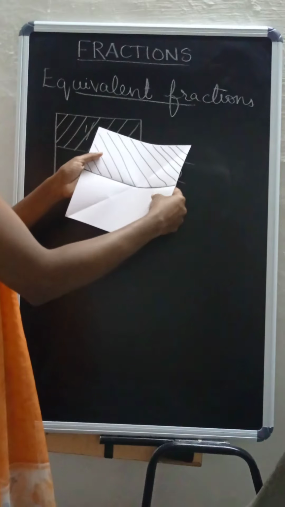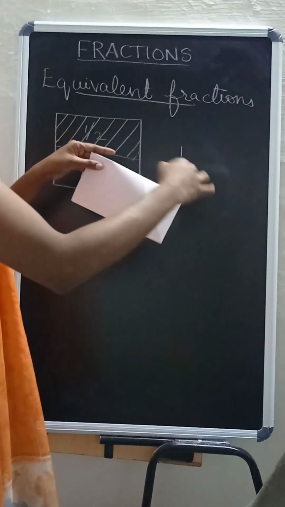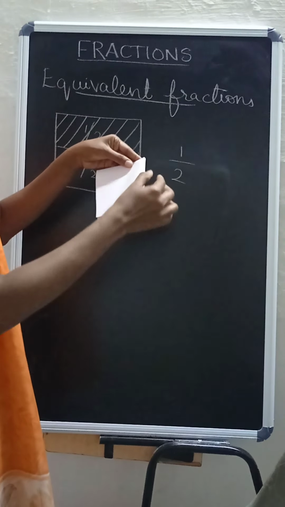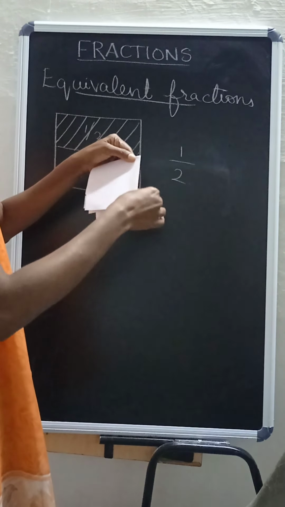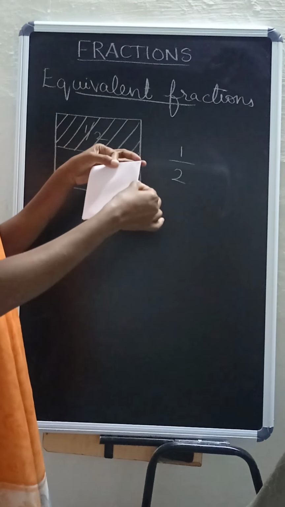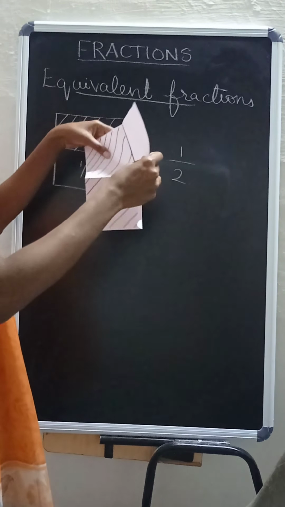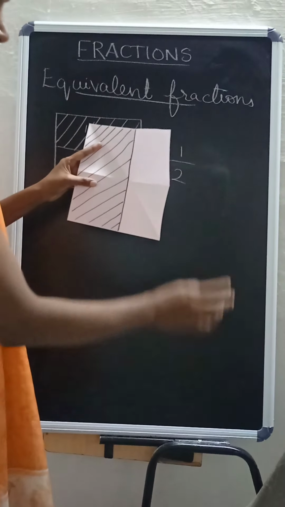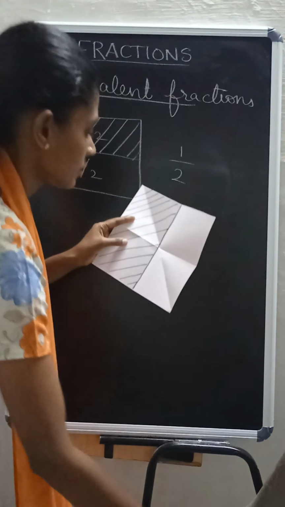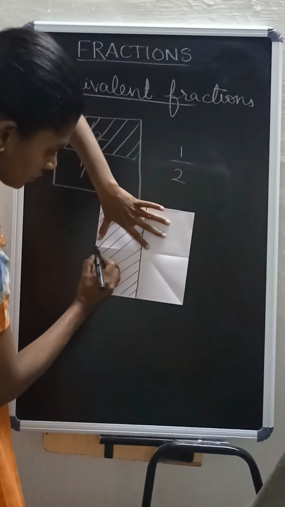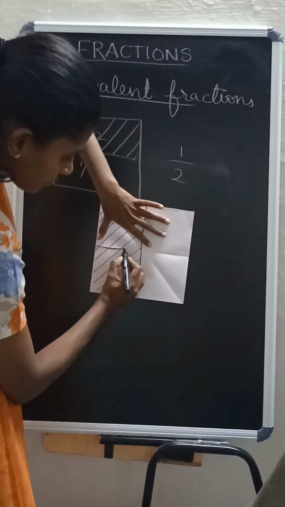So now I am going to fold this paper like this and again like this. One fold and again another one fold. So now take it out. Draw a line here.